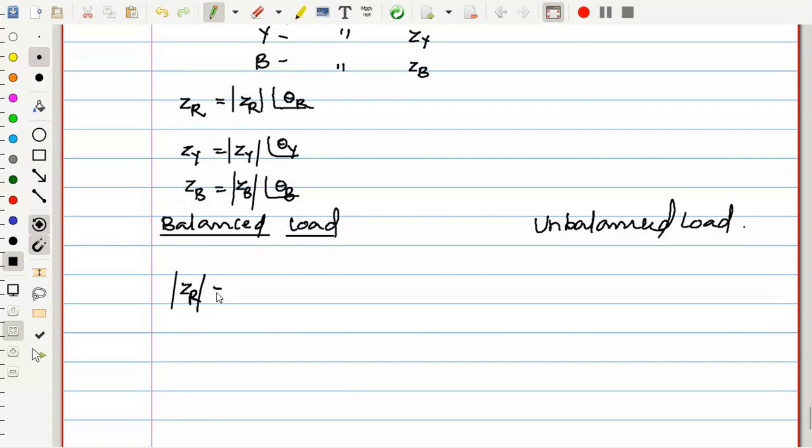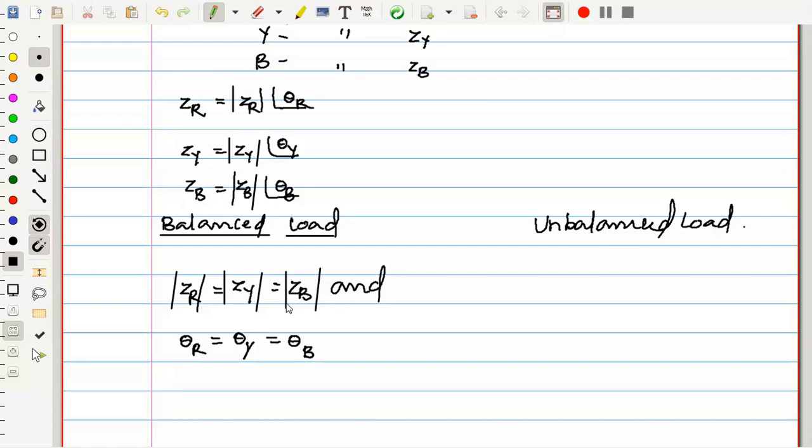So ZR is equal to ZY is equal to ZB. And not only this condition, the other condition is that the angles of these impedances, theta R, must be equal to theta Y, and equal to theta B. If these two conditions are satisfied, then we can say it is a balanced load.